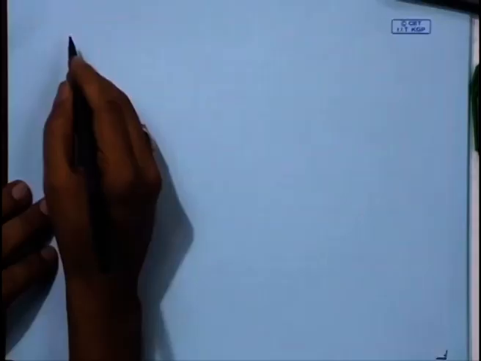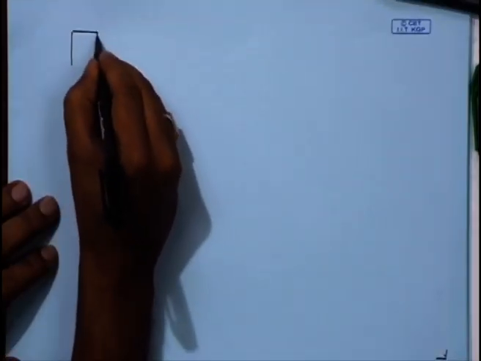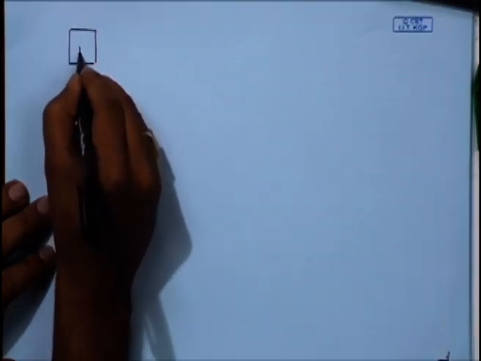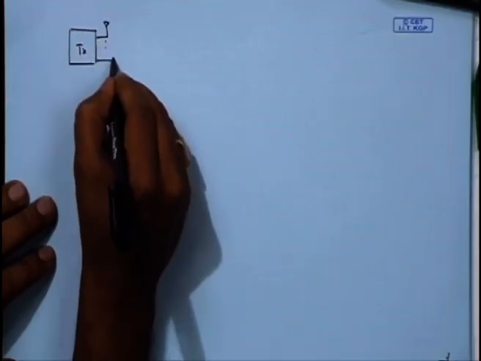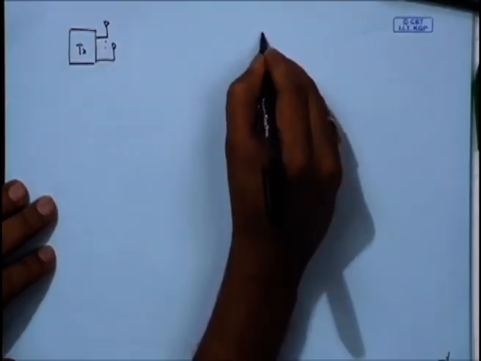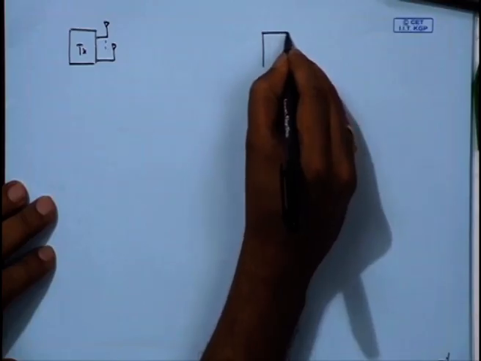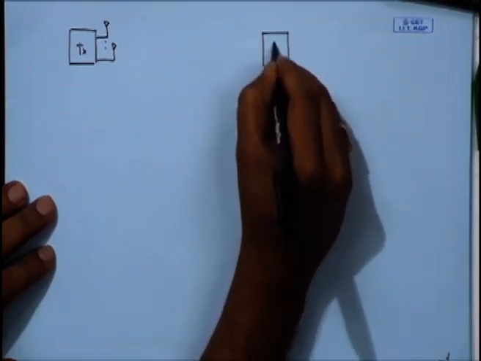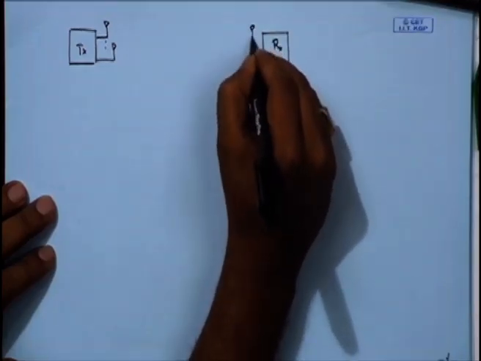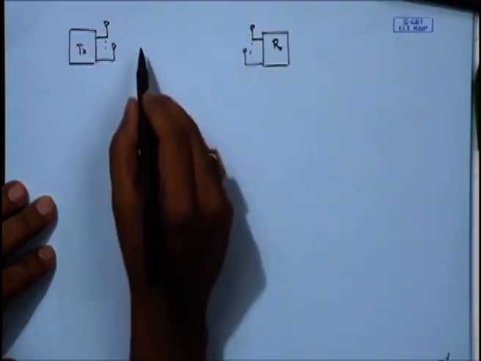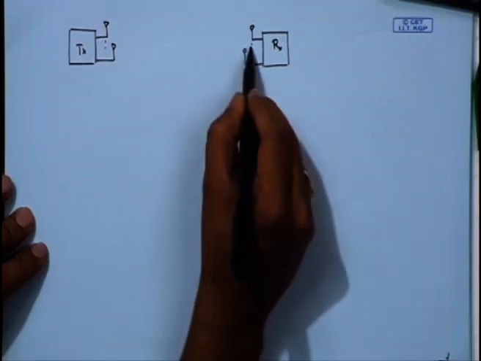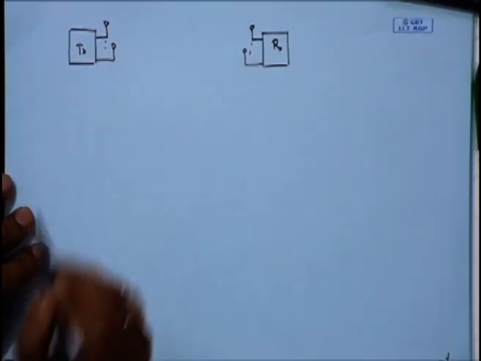So, when we take the MIMO transceiver system, again I draw the transmitter with multiple antennas at the transmitter, and at the receiver we have multiple antennas. The first scheme we said is when there is one directional flow of information, no feedback information.